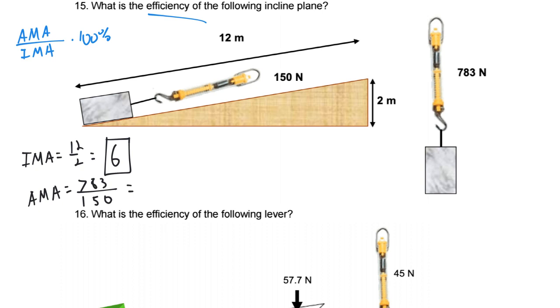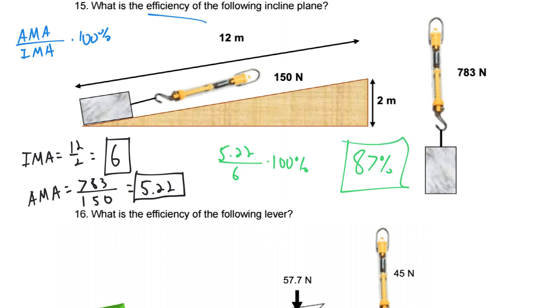So 783 divided by 150 gives us an actual mechanical advantage of 5.22. So pretty good, but we were robbed by friction a little bit. Let's figure out our efficiency here. 5.22 divided by 6 times 100% gives us 87% efficient.